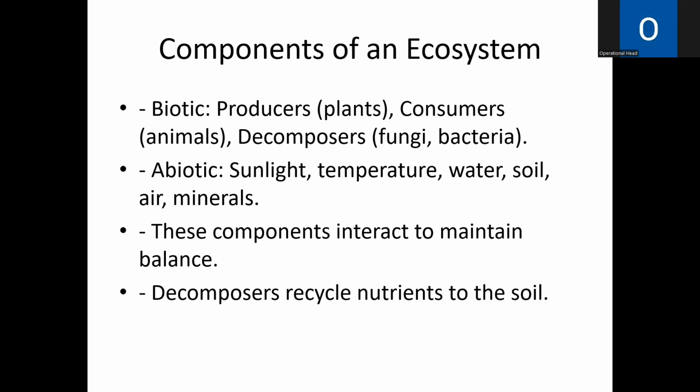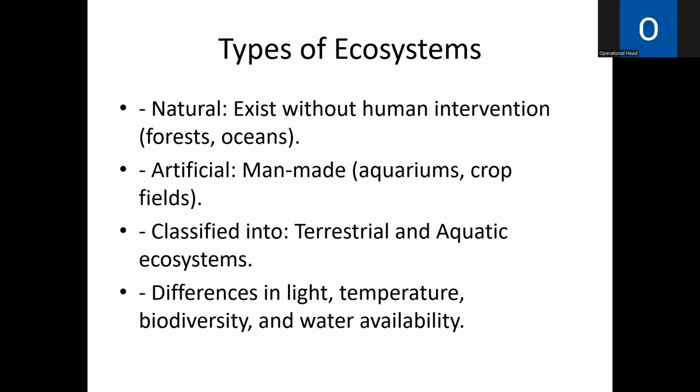Abiotic factors are sunlight, temperature, water, soil, air, minerals. These components interact to maintain balance. Decomposers even help in recycling nutrients such as in the carbon cycle, nitrogen cycle, and phosphorus cycle. So decomposers play a very vital role.